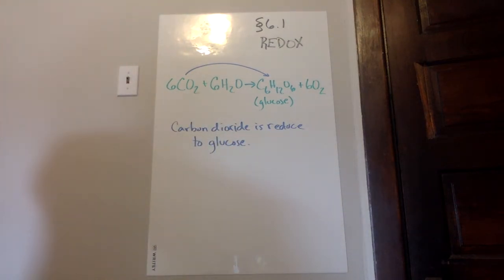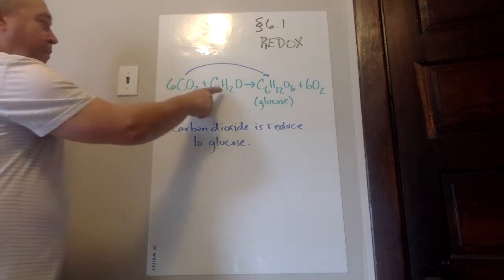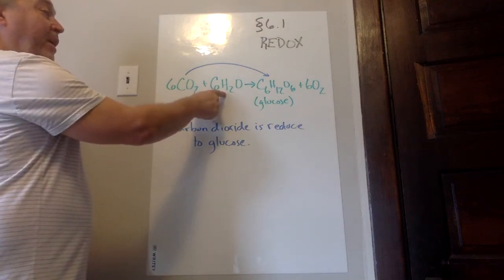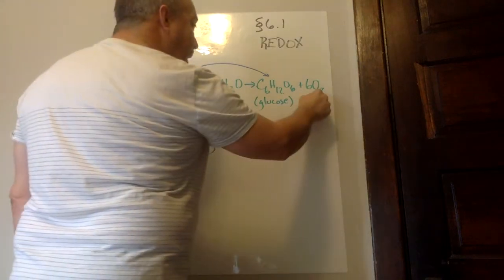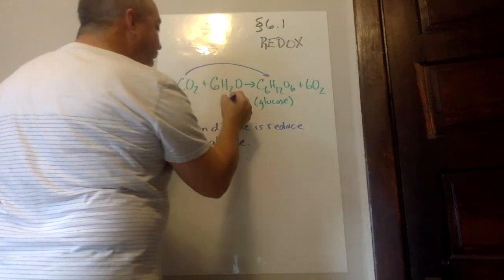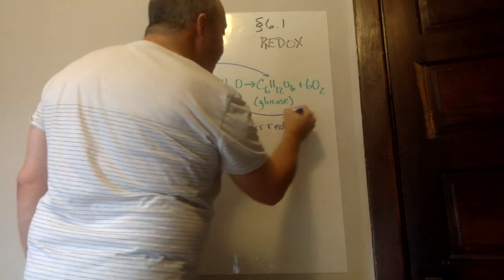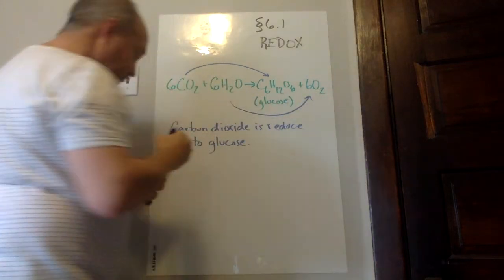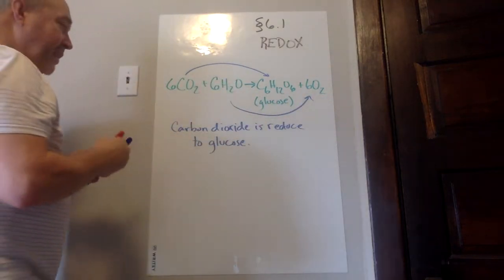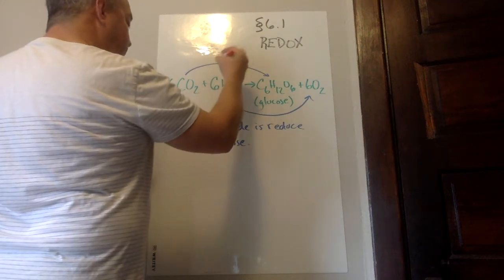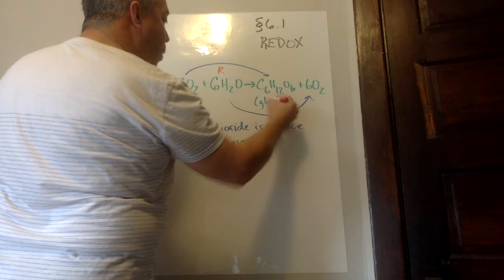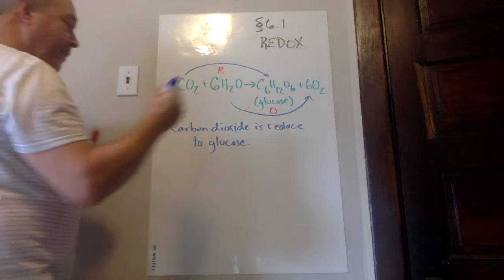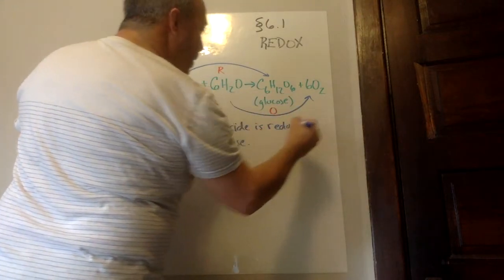So where did that hydrogen come from? Well, the only thing in here that has hydrogen is water. So when the hydrogen leaves the water and becomes oxygen, it ends up being oxidized. So carbon dioxide is reduced. Put the R here. Water is oxidized. And I forgot to put a little D here.